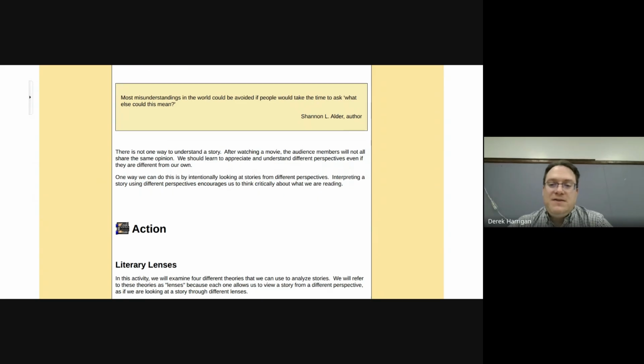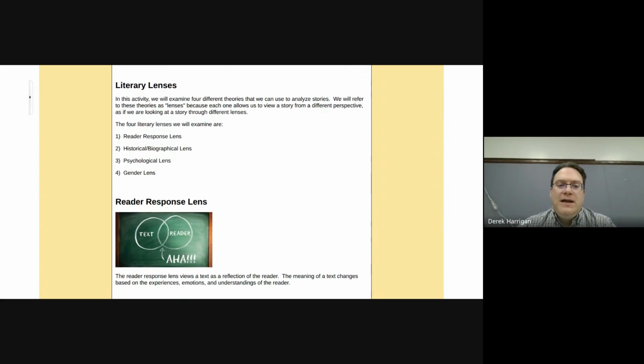So in this activity, we're going to look at 4 different literary lenses, so 4 different ways to analyze a story using different perspectives. Those literary lenses are the reading response lens, the historical biographical lens, the psychological lens, and the gender lens.